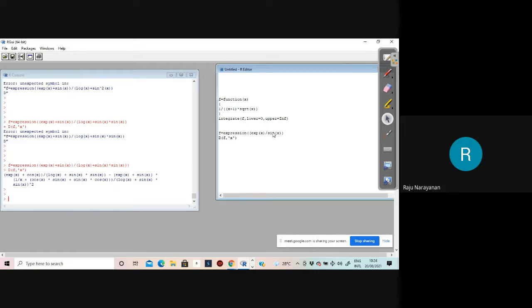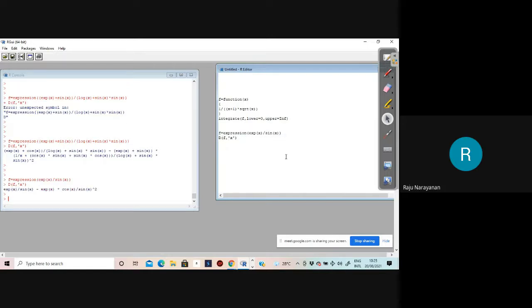This bracket is not needed. Then sin x into e raised to x minus e raised to x into minus cos x, divided by sin square x.